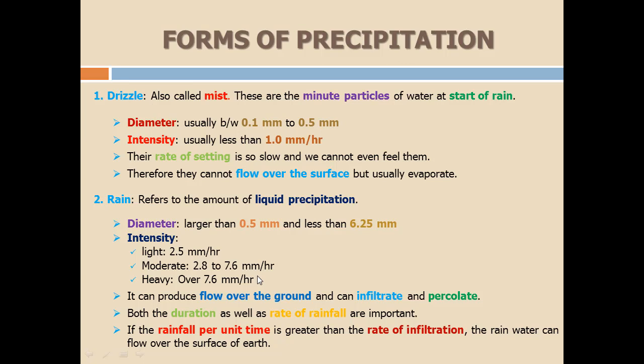If the rainfall per unit time is greater than the rate of infiltration, the rainwater can flow over the surface of the earth. That means the water coming from the clouds is coming at a higher speed, and the water infiltrating down into the earth is at a lower speed. So there will be an amount of water on the surface of the ground, and that water will start to flow over the surface of the earth.